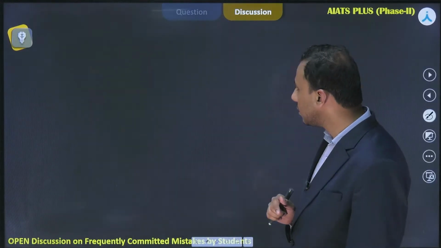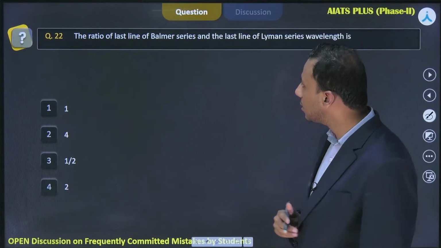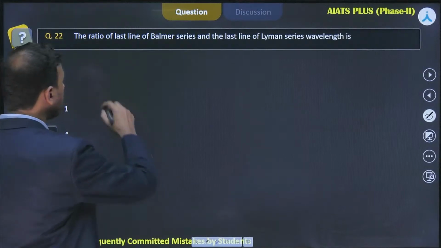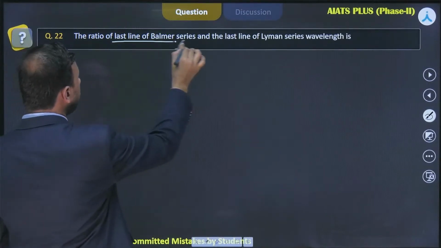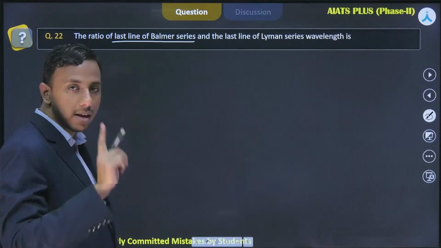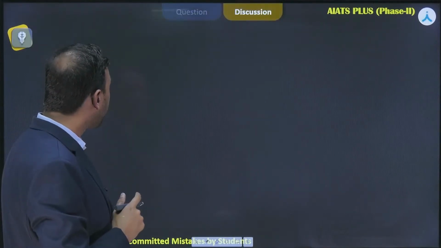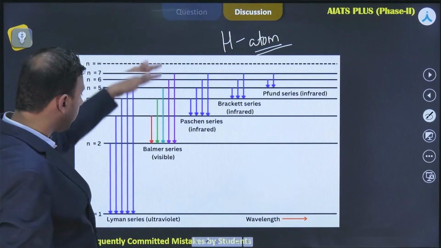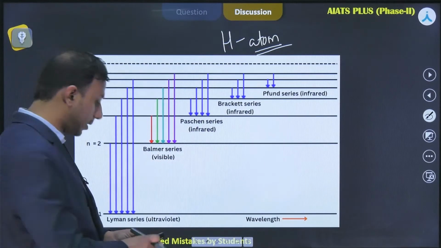Okay, see here, let's do a question. Here what are they saying? The last line of Balmer series. For the Balmer series, I told you, it is coming from any value of n to n equal to 2, isn't it?